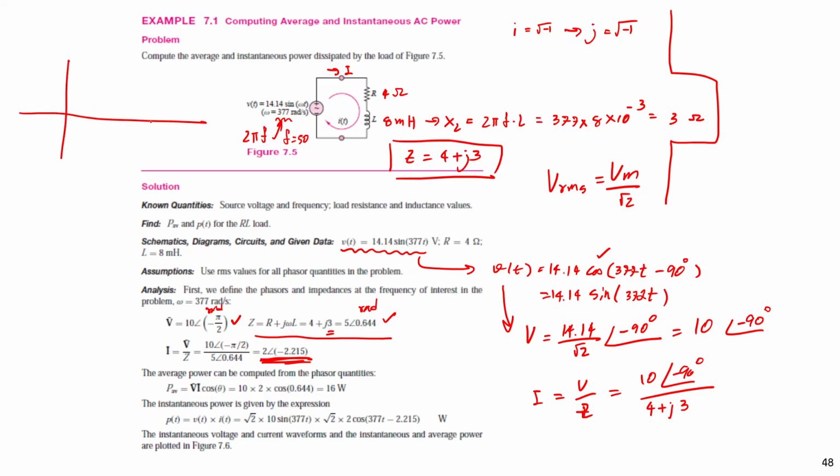Then the voltage is here, right? V, and the current is 2.215. What is 2.215? How much for the degree? 2.215 radian.